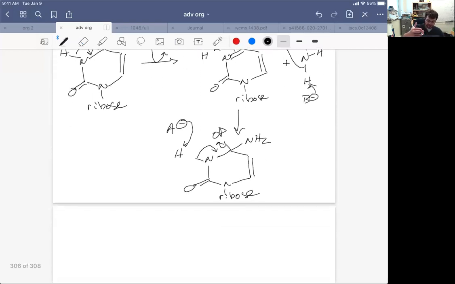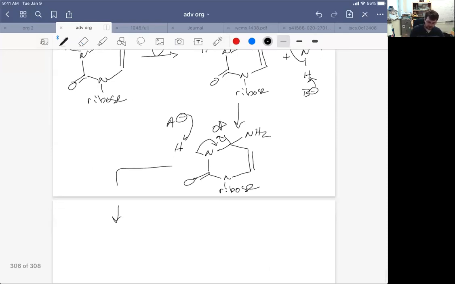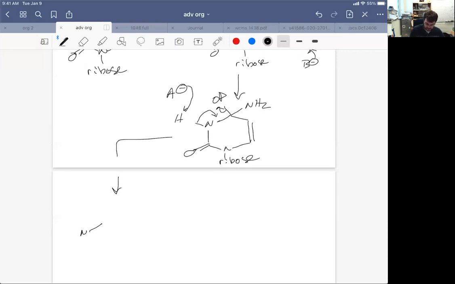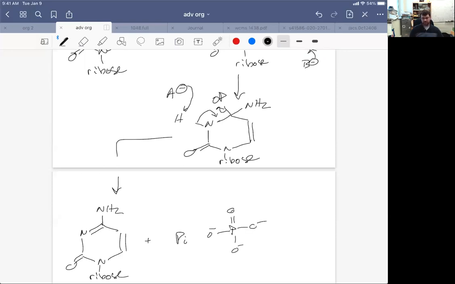So it's adding and then it's eliminating, in this case, the OP, and that's going to give us a product where we now have an NH2, plus a Pi, a phosphate that's lost. So when the P has an O with it, it then gets lost as inorganic phosphate. If you are catching up and you really want me to draw that again, I'm happy to.